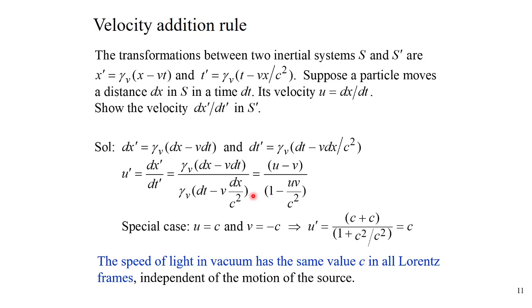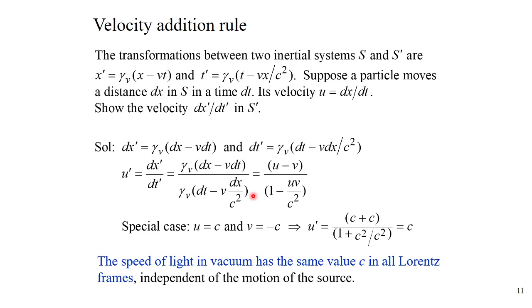Its velocity is defined as u, where u is dx over dt. Show that the velocity measured at S prime, what does it look like?